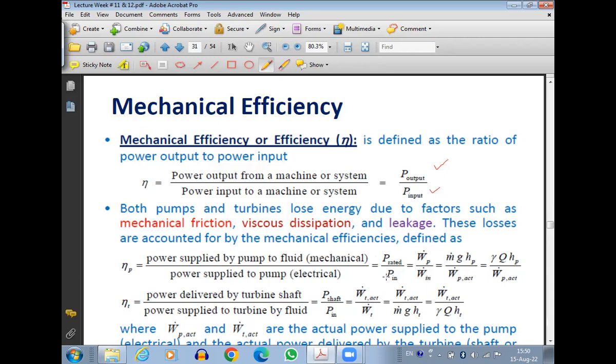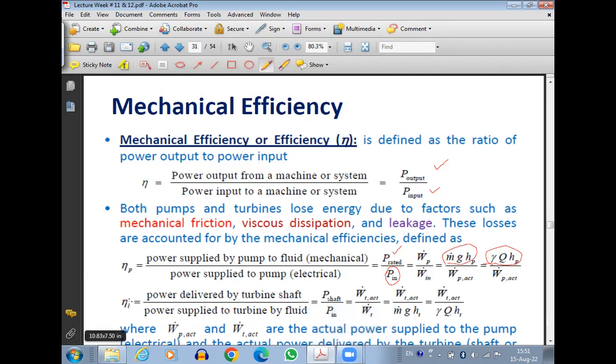So here we are not going to write m dot g HP or gamma Q HP. This is electrical power, not the fluid power. However, P output here is basically the fluid power. So here we can write m dot g HP or gamma Q HP. So P output is the fluid power in the case of the pump. This is a point to understand.